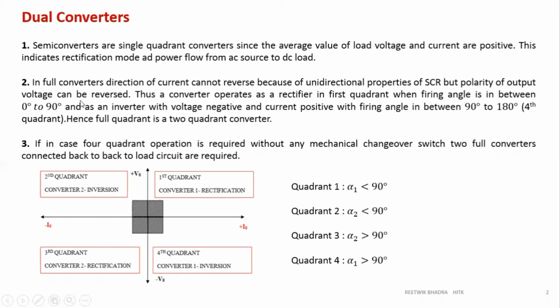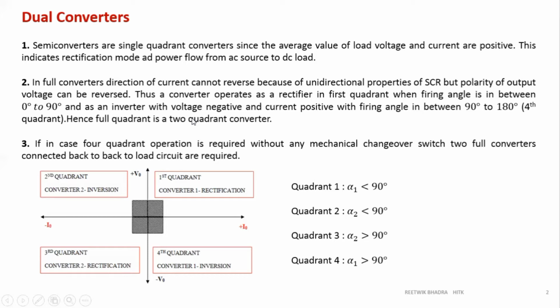Now, compared with this, the full converter is a two quadrant converter, because you know the full converter can be operated in inverting mode as well as rectifying mode. What was the criterion for rectifying mode? Alpha should be less than 90 degrees.